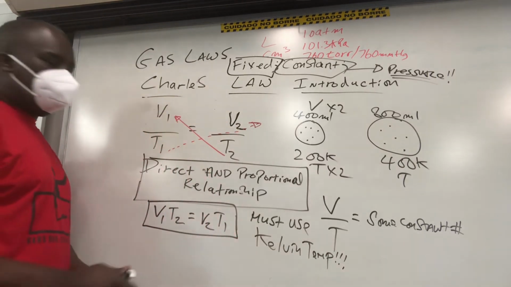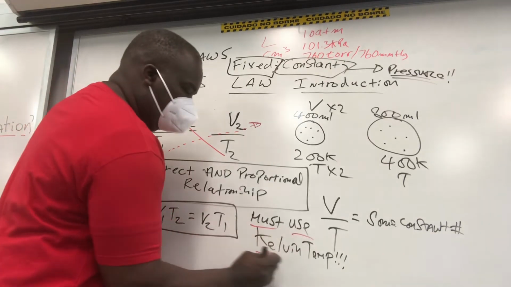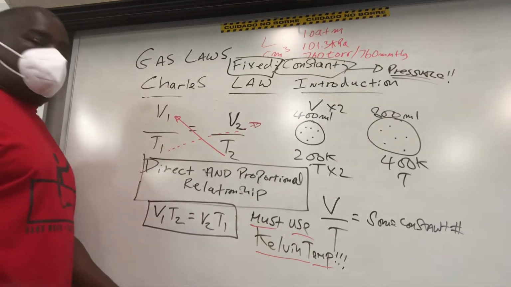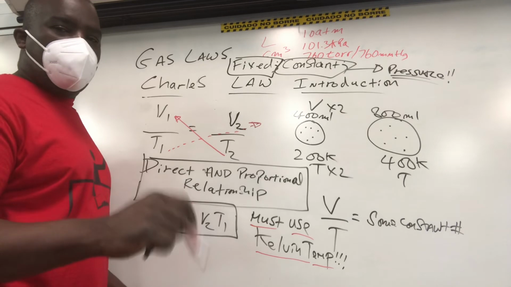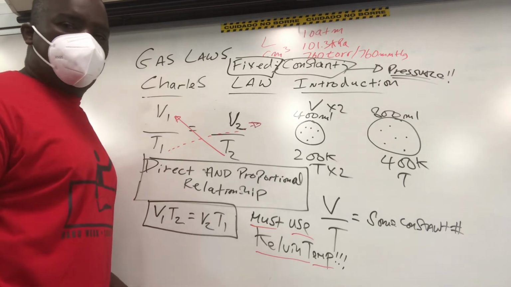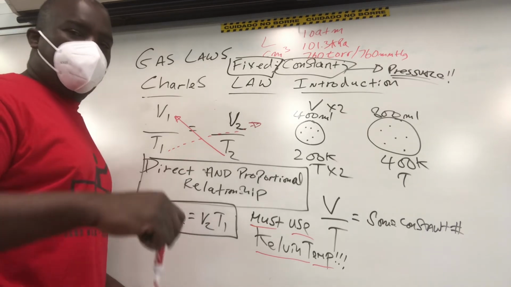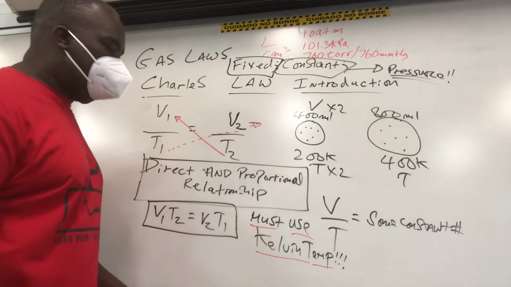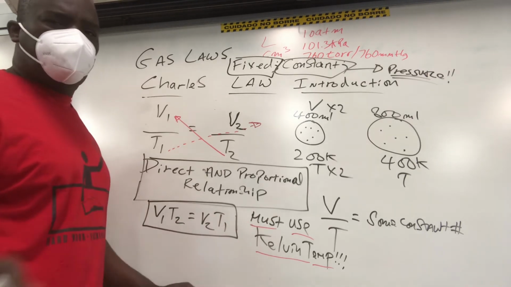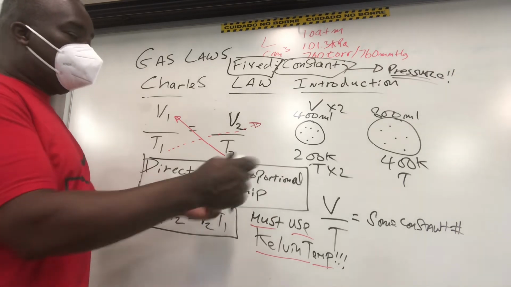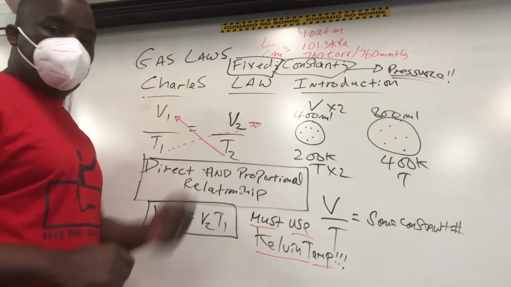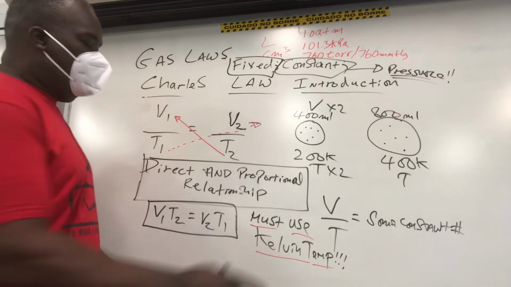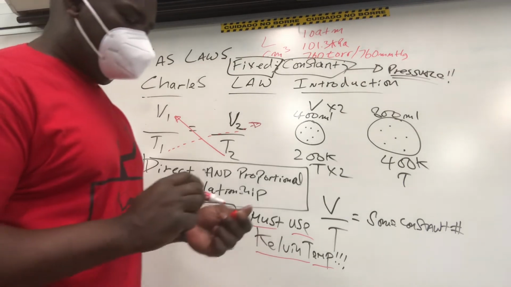You gotta use Kelvin temperature. Now, on your reference table, they show you how to convert degree C to Kelvin, yes? So don't have to worry about that. Just look at the back, whatever degree C you have, you add 273, bam, you're done. But you've got to use Kelvin, because sometimes students forget. Sometimes they give you the problem with Kelvin, no problem, but sometimes they give you the problem with degree C, you must convert it to Kelvin temperature.